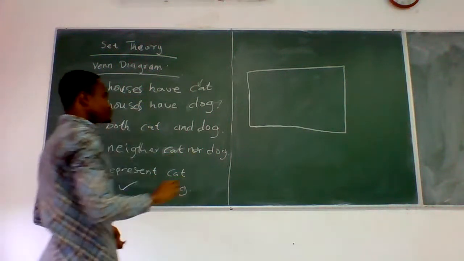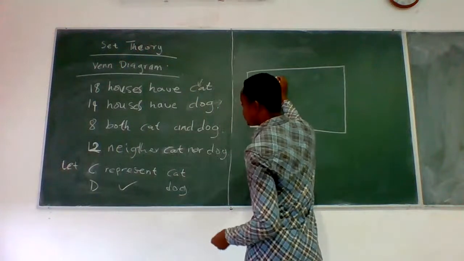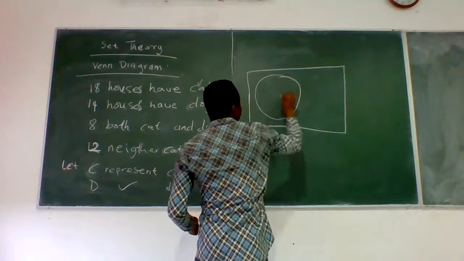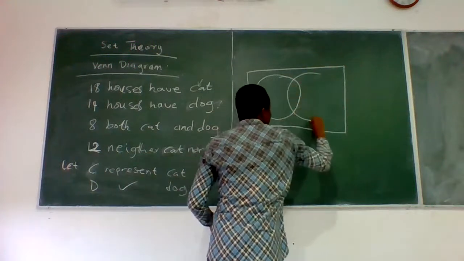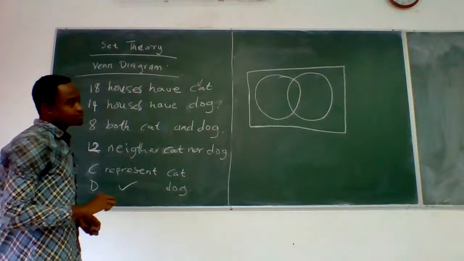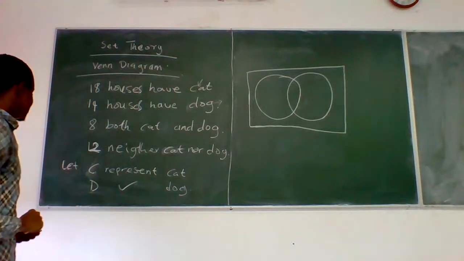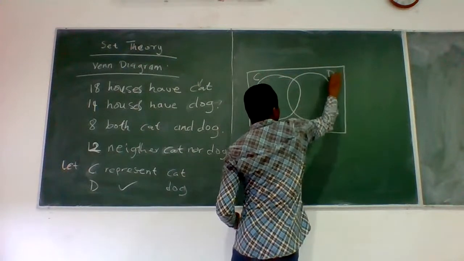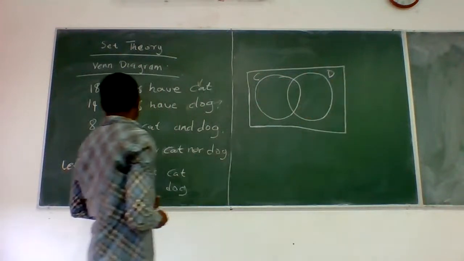When you come here, you draw your Venn diagram. This is the set for cats, and this one will be for dogs. So now we have C for cats and D for dogs.